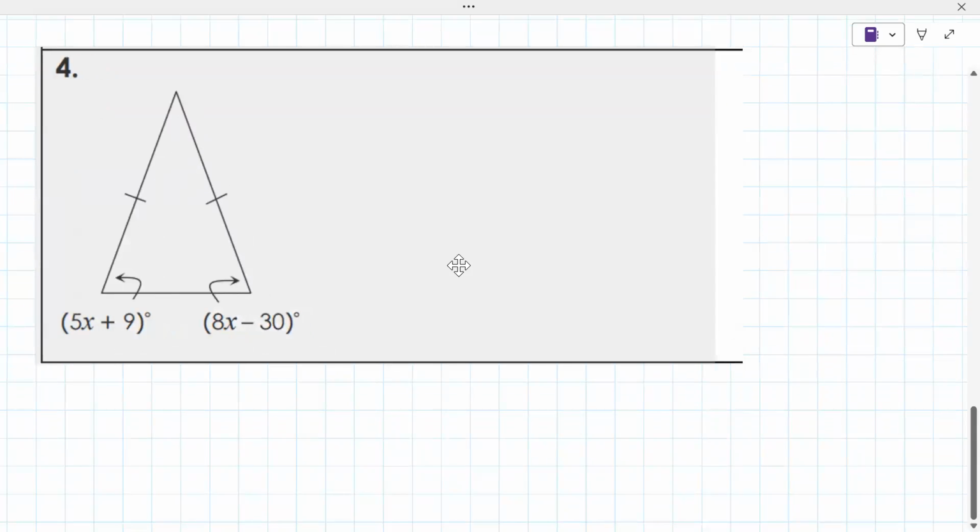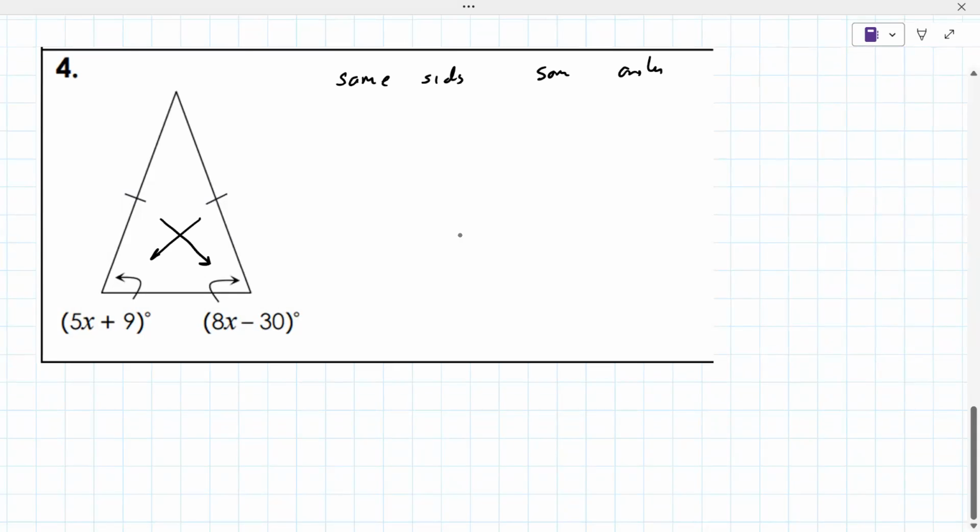All right, so number four here. Same sides, same angles. You'll hear me say that a lot. Same sides, same angles. That's what they want you to take away here. That means that 5x plus 9 equals 8x minus 30 because they are congruent.